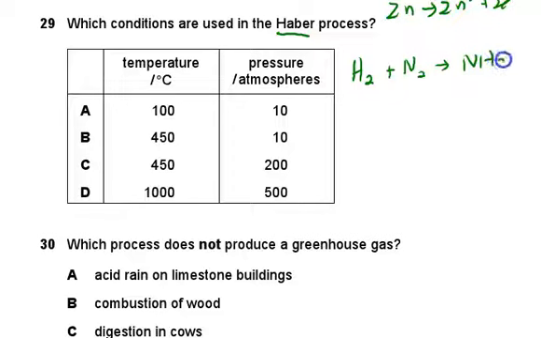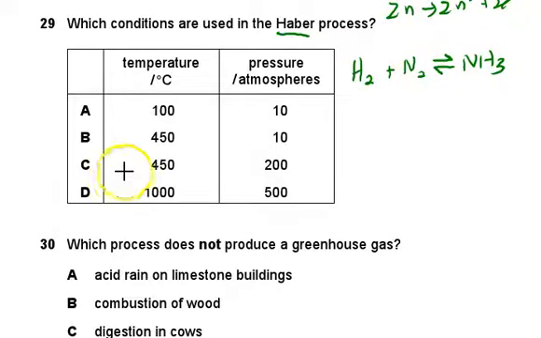So this is ammonia. This one is a dual, reversible process where they have a very high pressure.